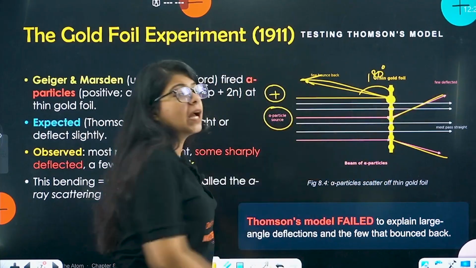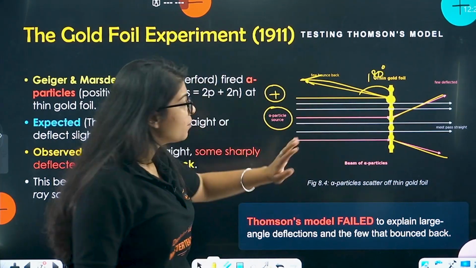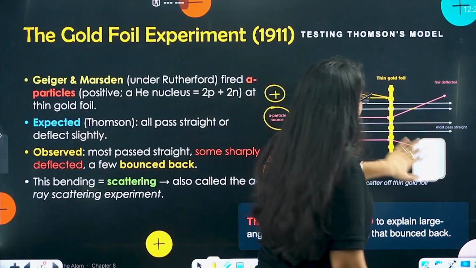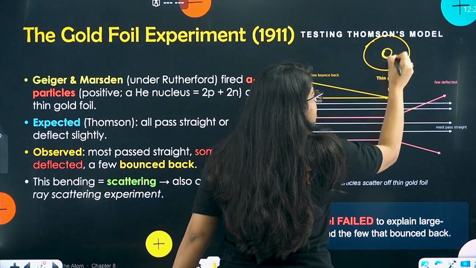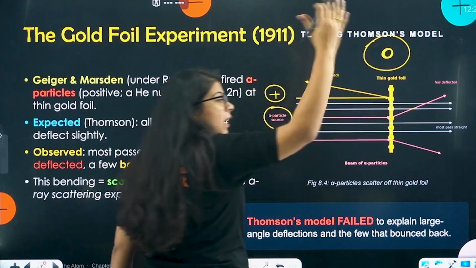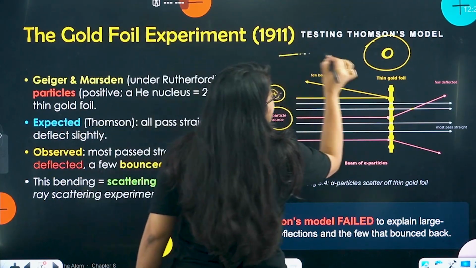They bounced back at 160 degrees, 150 degrees. What does that mean? When they saw that they were bouncing back, this is the atom, and they were bouncing back at almost 180 degrees right at the center.